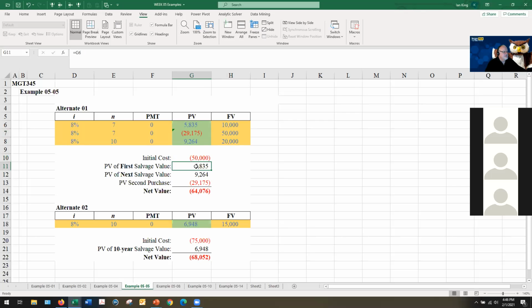So, okay, my slides are off a little bit. Add up the initial cost today, salvage value of that first machine. Then you have salvage value of the second machine, which they gave you here, discounted back to year one.